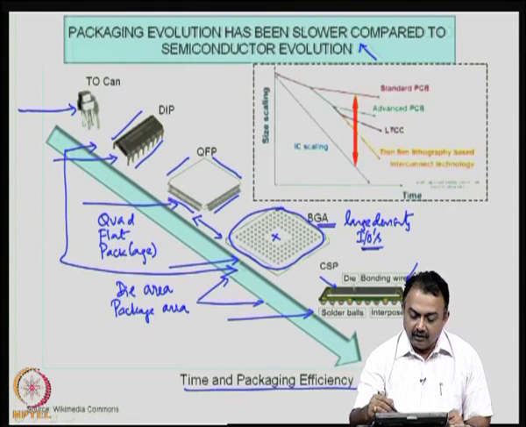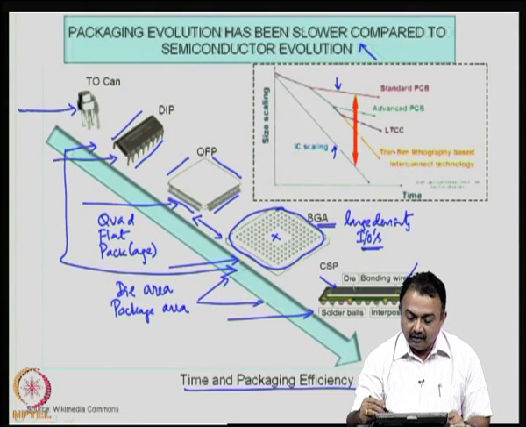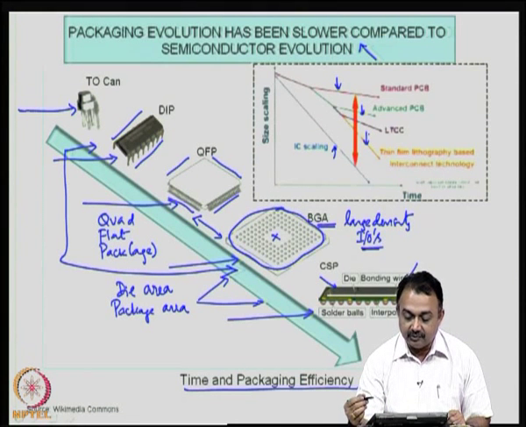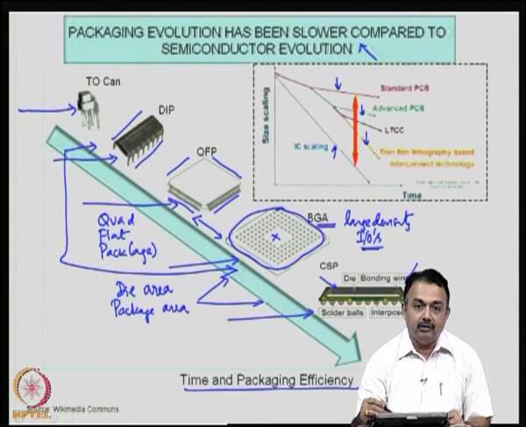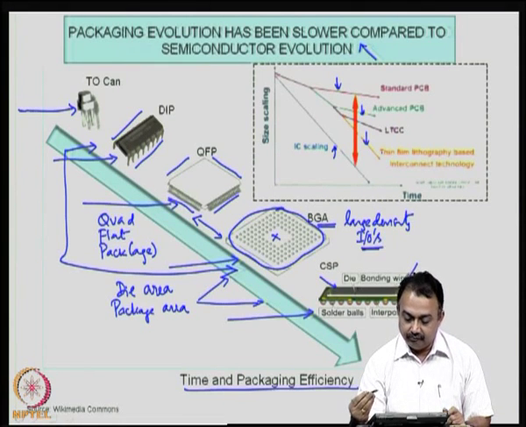So, there is a large gap between standard PCB and IC manufacturing, but today advanced PCB techniques have narrowed down the gap in terms of better photolithography and so on. If you look at thin film lithography used on ceramic substrates or organic substrates, it can probably still reduce the gap between IC scaling and second level packaging.